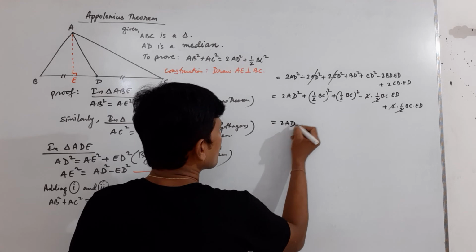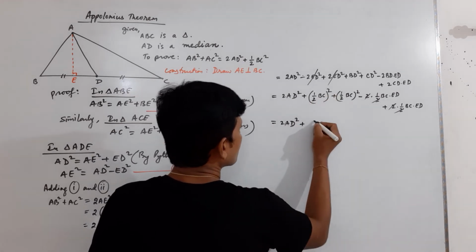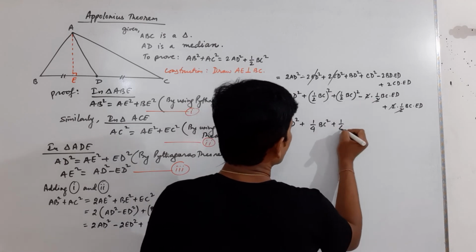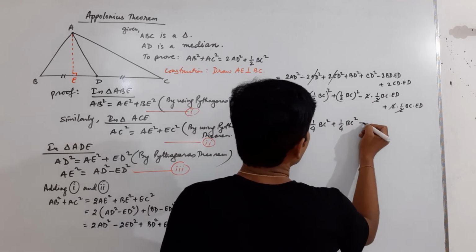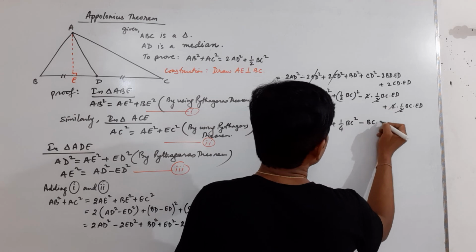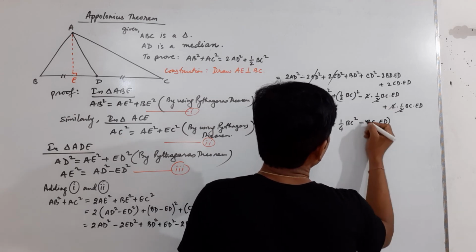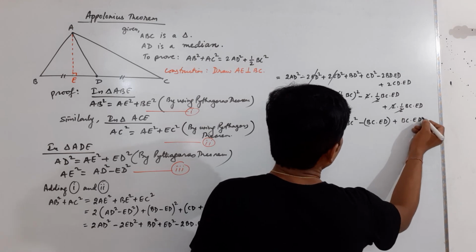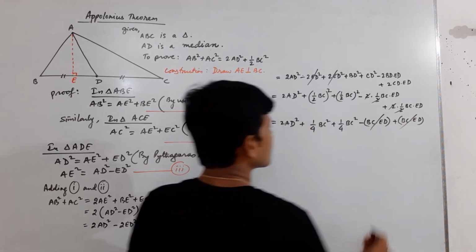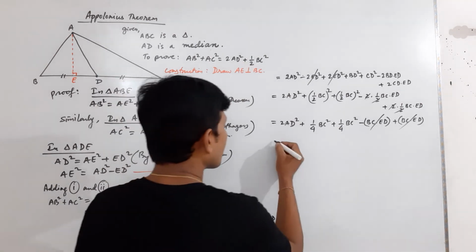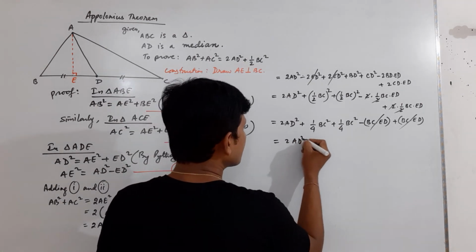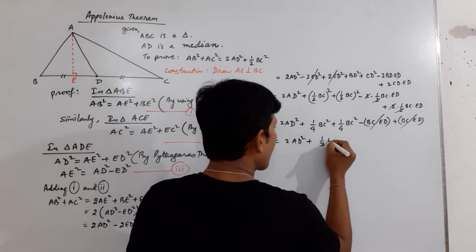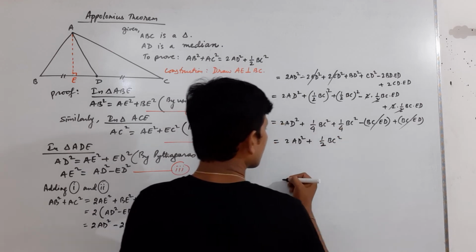Now, what are we left with? We have twice AD square. This is equal to 1/4 BC square. This is also equal to 1/4 BC square, and we have over here BC into ED, plus we have BC into ED. Now we can eliminate these two. Okay, now what do we have? This is twice AD square. This is 1/4 plus 1/4 equal to half BC square.